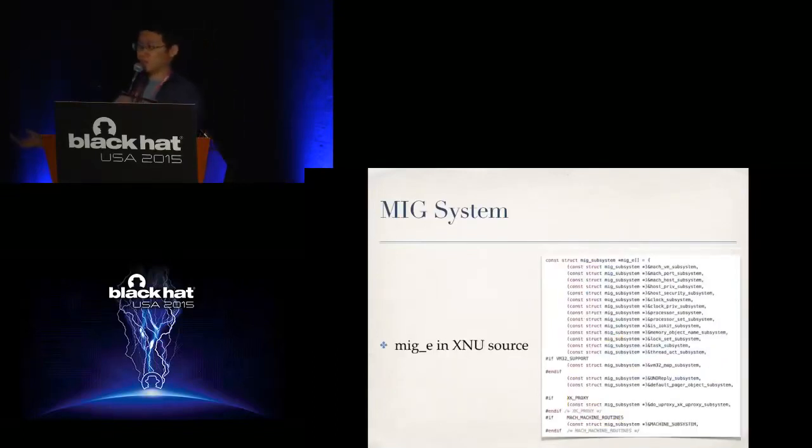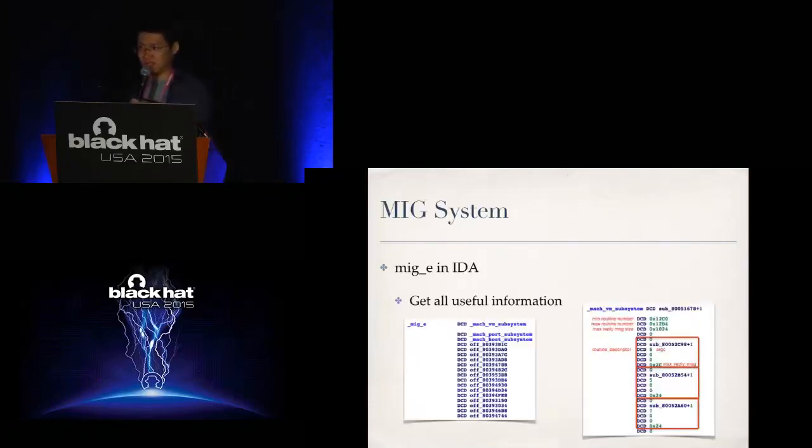So take a look at mig_e. This defines a lot of subsystems here. Each subsystem will have different functions, but you can't find the definition in the XNU source code. So we go to IDA and reverse the kernelcache of the iOS devices, and you can locate the mig_e variable and find a lot of subsystems here.